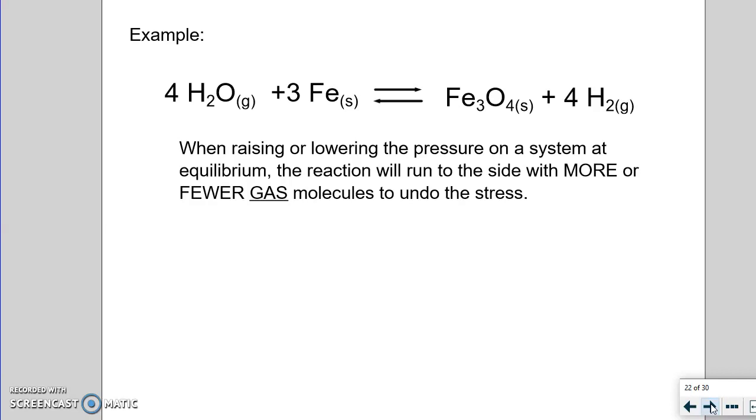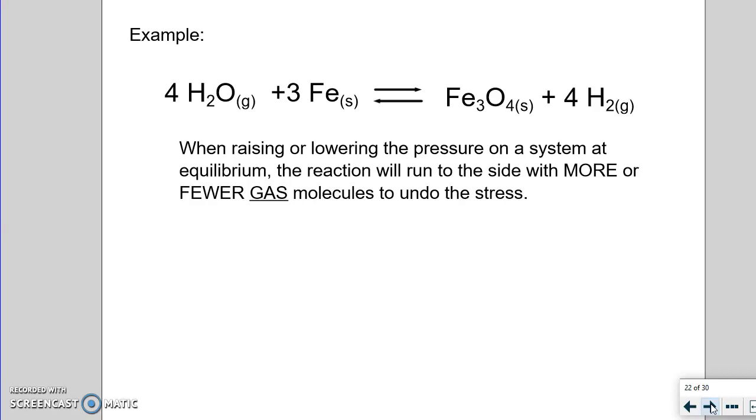What does pressure have to do with the reaction? The reaction can raise or lower the pressure in response to our stress by running to the side that has either more or fewer gas molecules, because after all, air pressure comes from gas molecules.